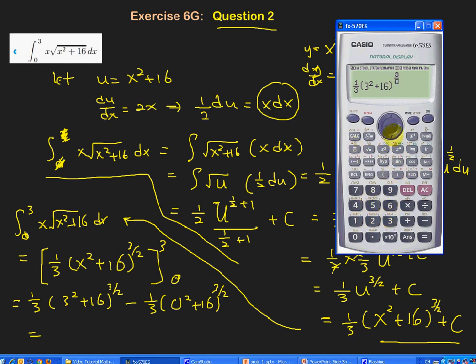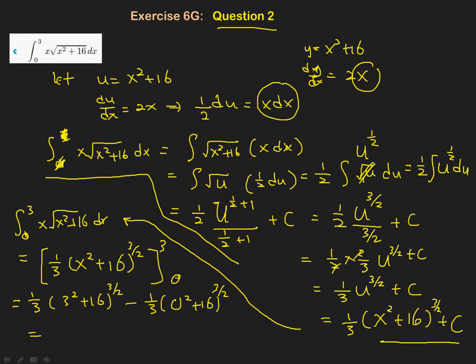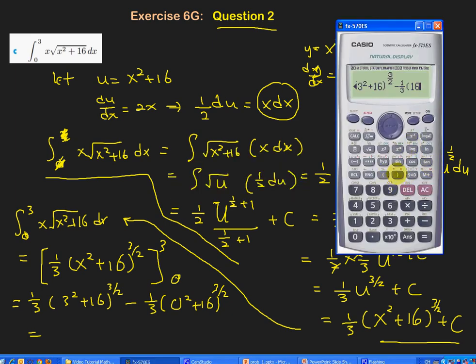And that completes the first part of the calculation, and subtract 1/3, and this is actually just 16 because this part is 0. Oh, missed it. Okay, 16 to the power of 3/2. I think we check a bit whether we entered everything correctly. If so, then we have 61/3.